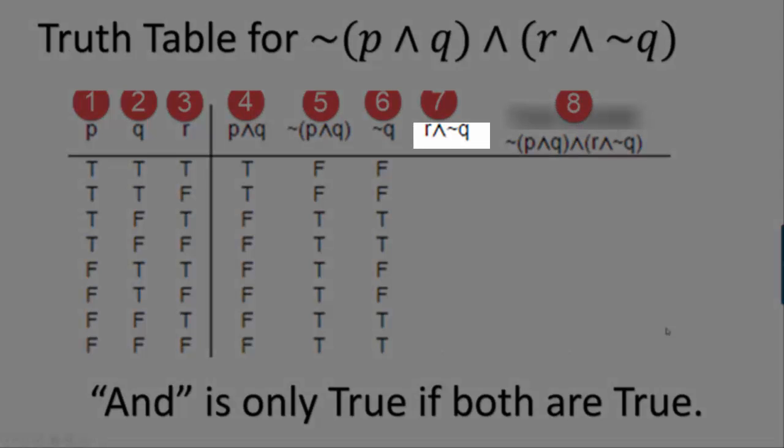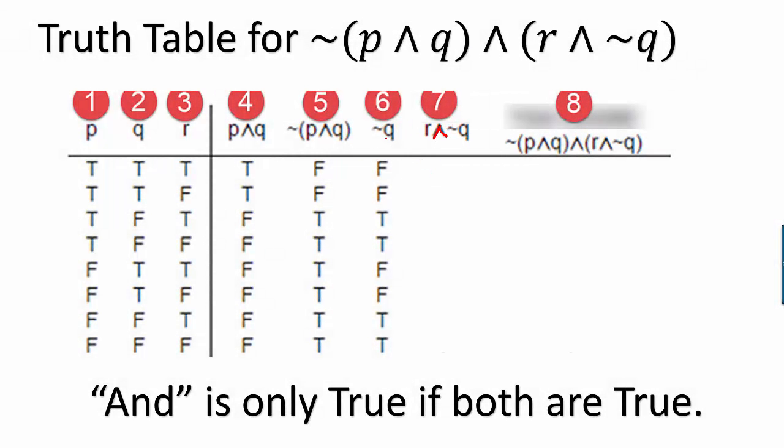Now we want to analyze R and not Q. Remember, the and is the new part of this that has not yet been analyzed. We already analyzed the negation of Q in the previous statement. So which 2 columns are we actually joining with an and? The 3rd column, which was R, and the 6th column, which is the negation of Q. And the rule for and is it's only true if both components are true.